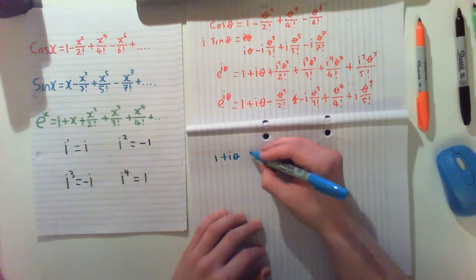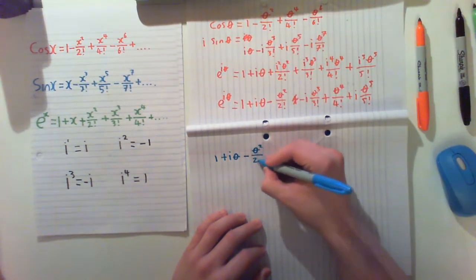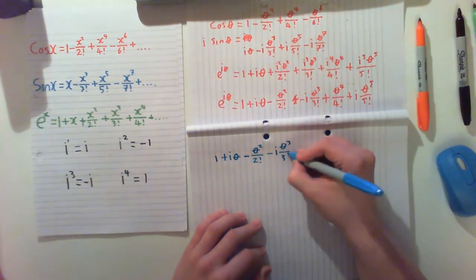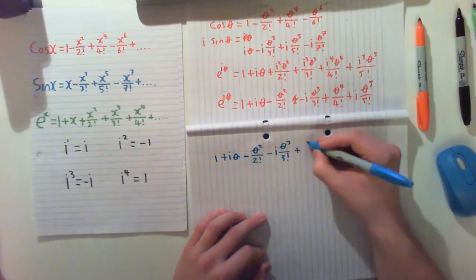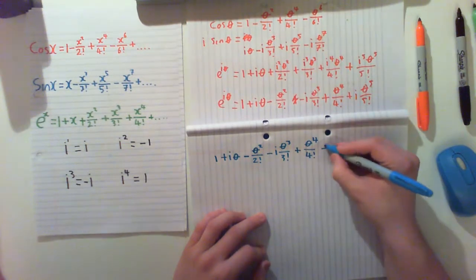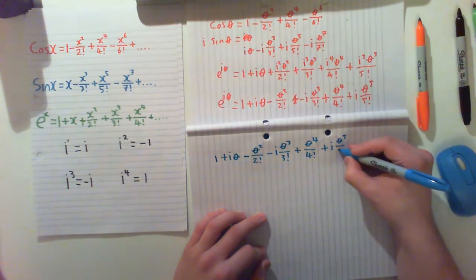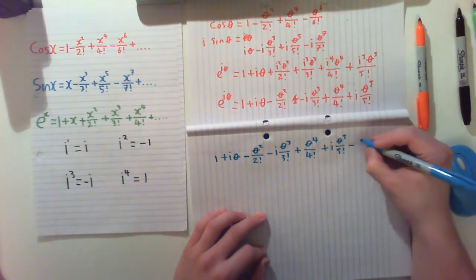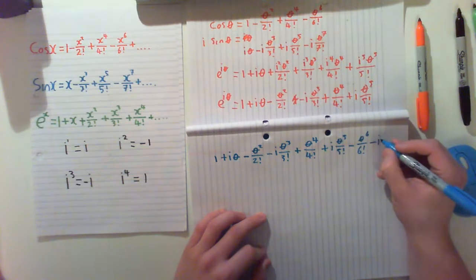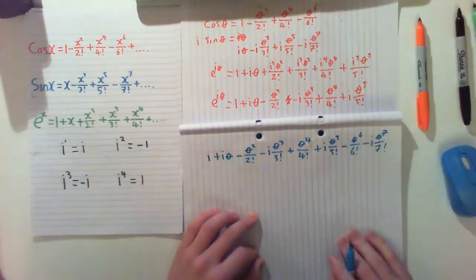So we get i theta minus theta squared over 2 factorial minus i theta cubed over 3 factorial plus theta to the 4 over 4 factorial plus i theta to the 5 over 5 factorial minus theta to the 6 over 6 factorial minus i theta to the 7 over 7 factorial.